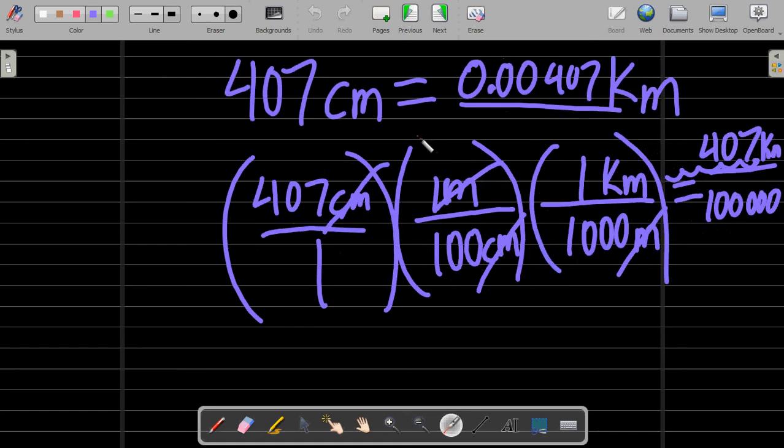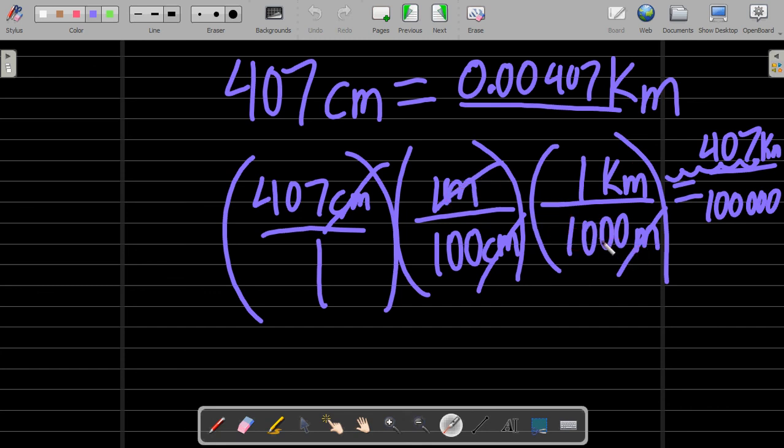If we wanted something a little more complicated, we might try to say 407 centimeters is equal to kilometers. All right, so we're going to start with 407 centimeters over 1. We put centimeters down here because we want them to cancel out. So there's 100 centimeters in 1 meter, and there are 1,000 meters in a kilometer. We put meters down here because they cancel out.